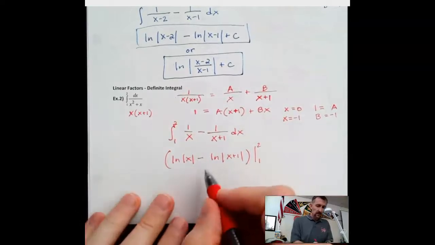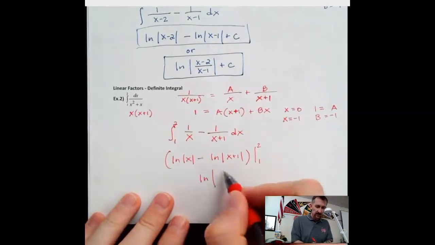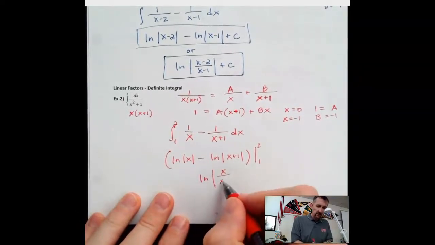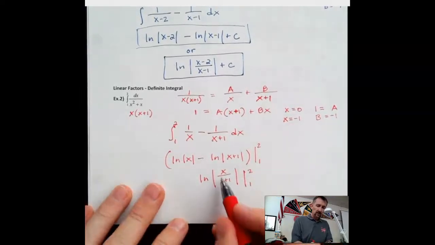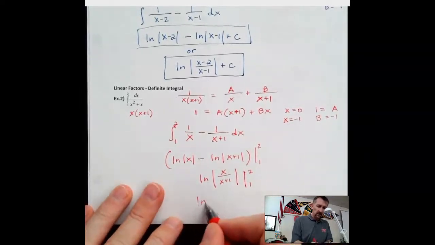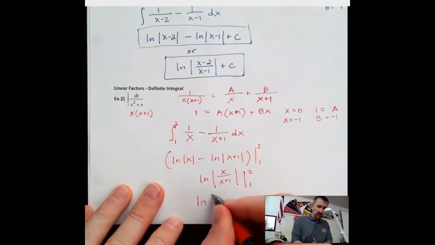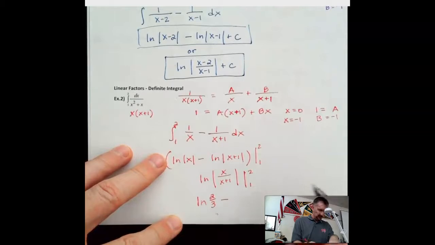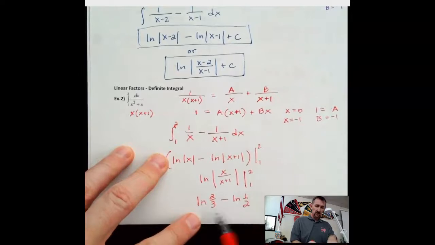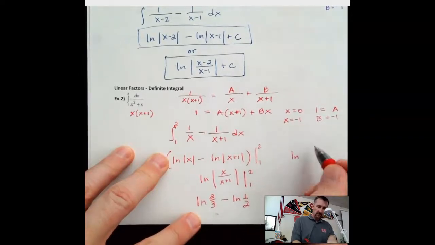So just like the last one, we could combine those. So we could put x over x plus 1. So if we plug a 2 in there, we're going to get the natural log of 2/3 minus the natural log of 1/2, and we can divide, so the natural log, so I have 2/3 over 1/2.